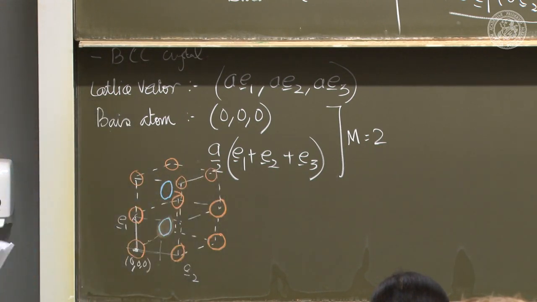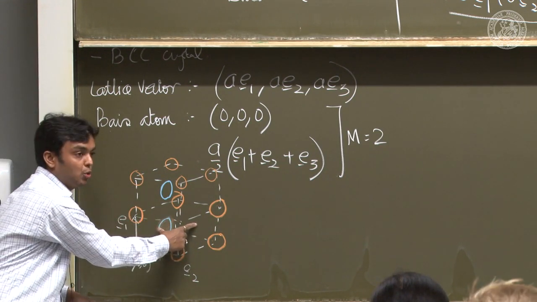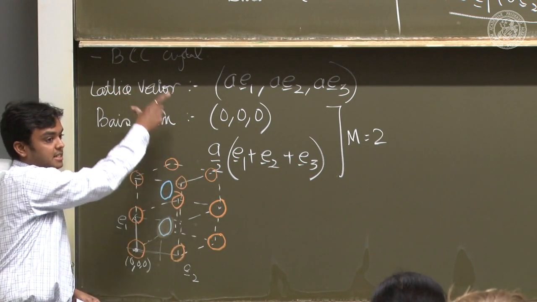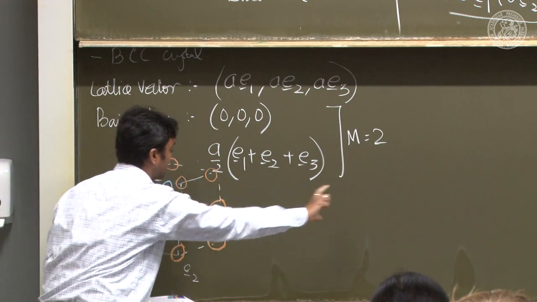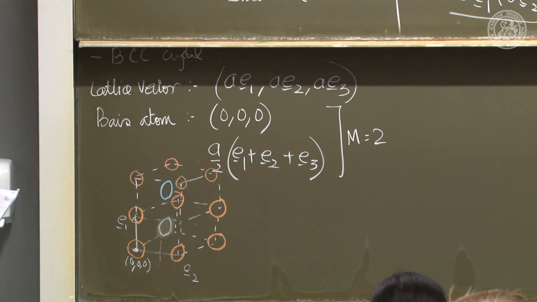If you see that small cube, translate in this direction, in this direction, and in this direction, you'll form a whole 3D crystal from that. And that's what is translational periodicity.